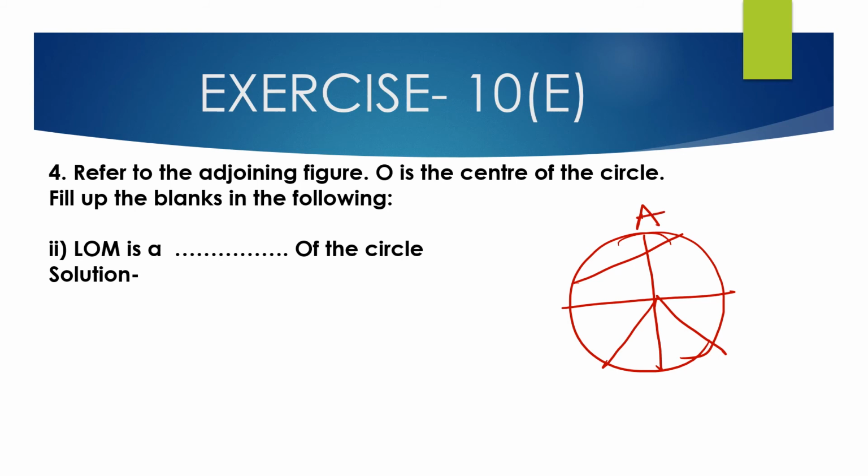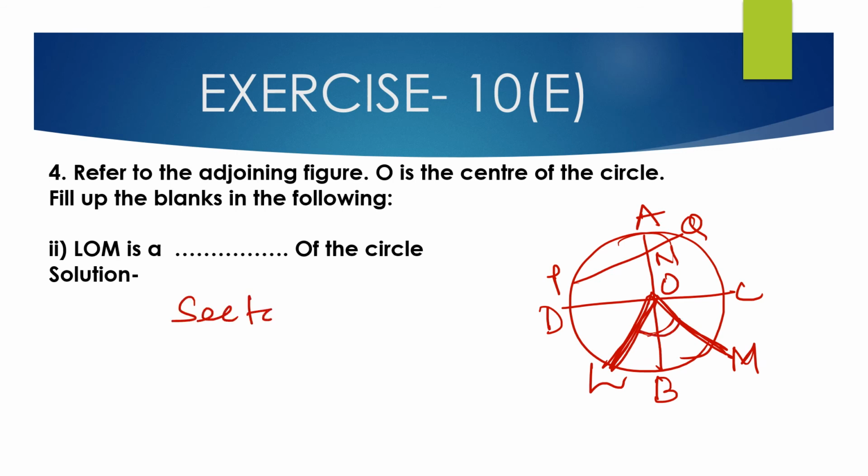This one is A, C, B, D, O, L and M. This is P and this is Q. LOM is a dash of the circle. This is L, O, M. This is LOM. This one is the sector of the circle. So LOM is the sector of the circle.